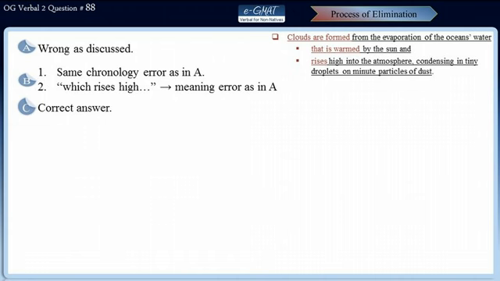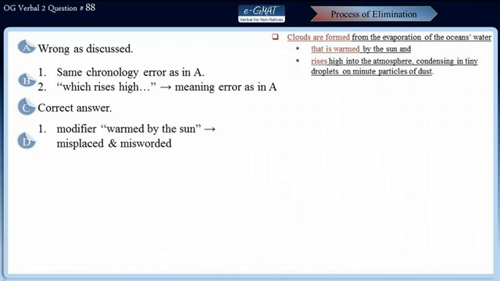Let's take a look at choice D now. Well, this modifier warmed by the sun is a verb-ed modifier which typically modifies a noun. However, this modifier does not have any closest noun that it can modify, and hence it is not placed correctly. Now, the reference of this which clause is also incorrect.